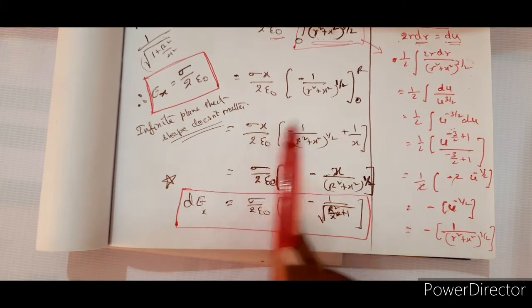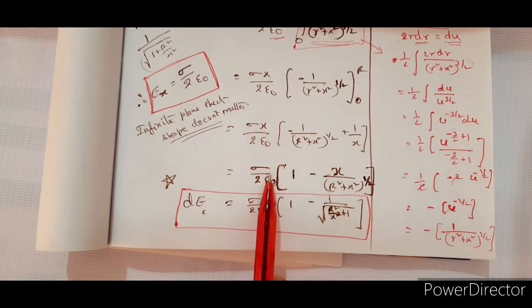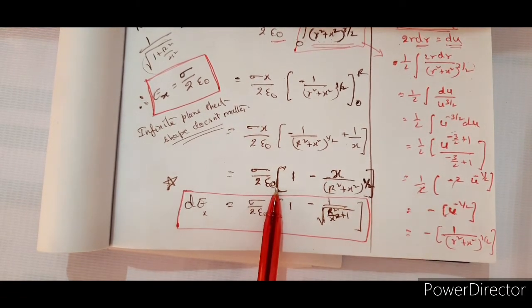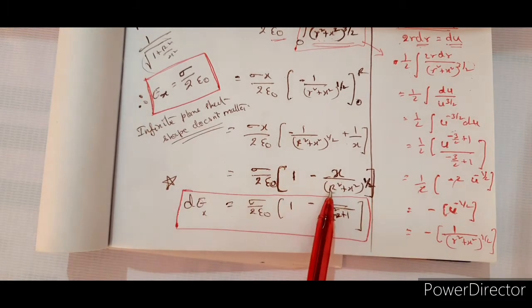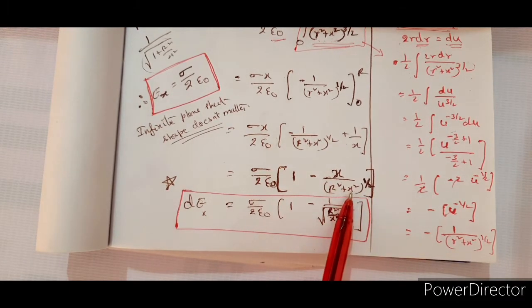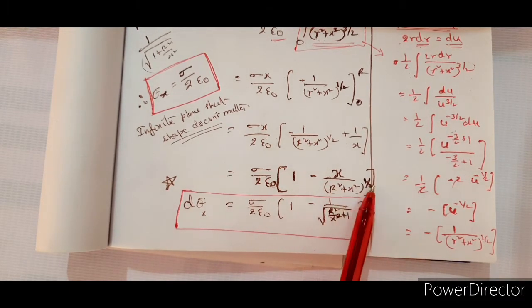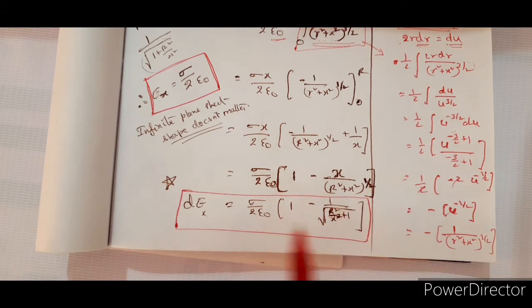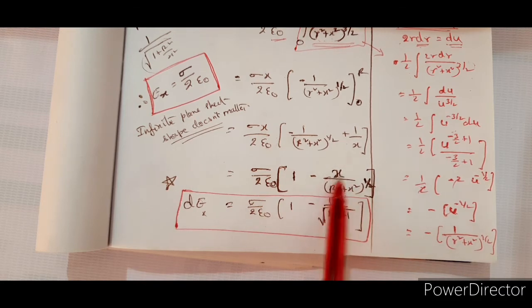Then bringing this x inside, you will get sigma by 2 epsilon naught into 1 minus x by root of r square plus x square, or (r square plus x square) whole power 1 by 2. Now, in order to understand the concept and for whenever we apply it, it is better to bring everything in terms of r and a comparison between r and x.